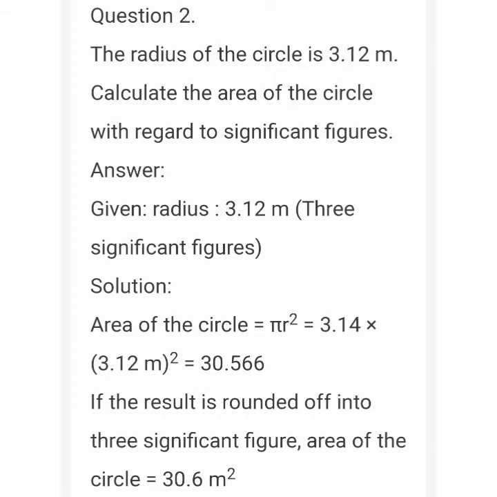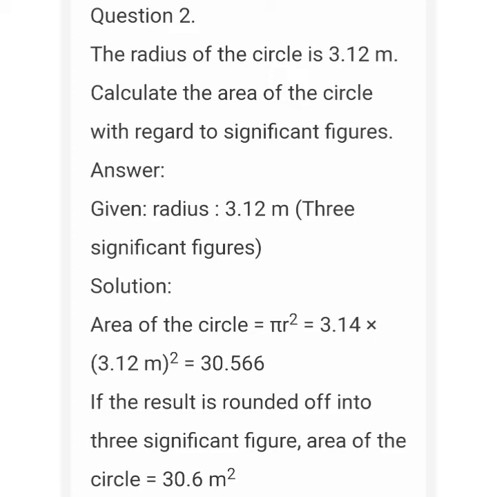I told you, when it is with regard to significant figures, we need to check the question value. There it is given for 3 values, so 30.6 meters square. So if the result is rounded off into 3 significant figures, then the area of the circle is equal to 30.6 meters square.